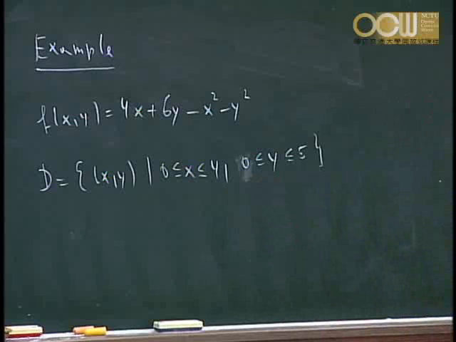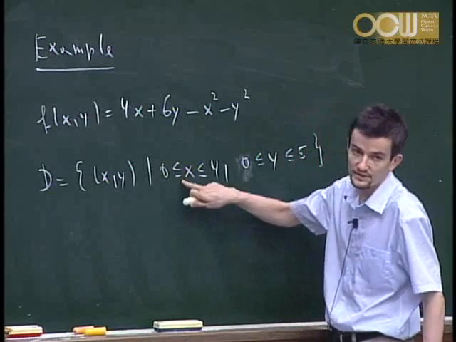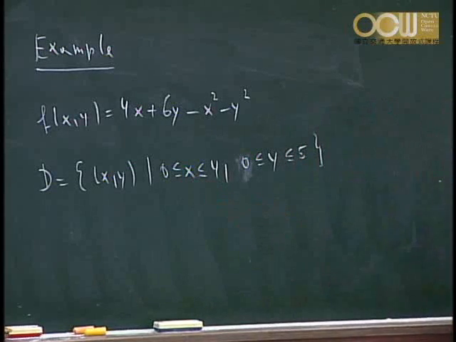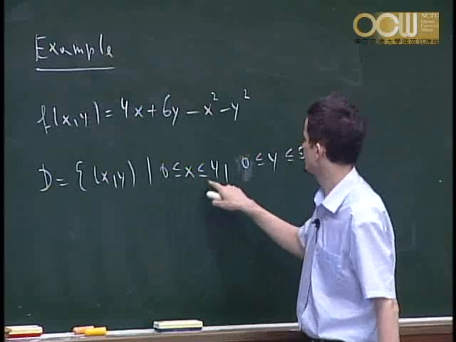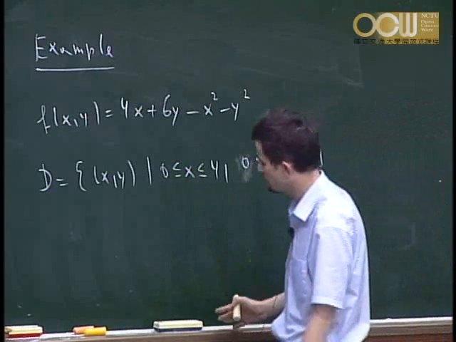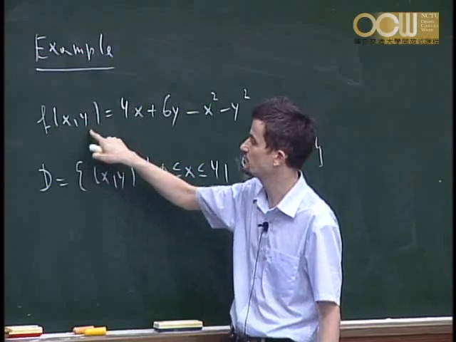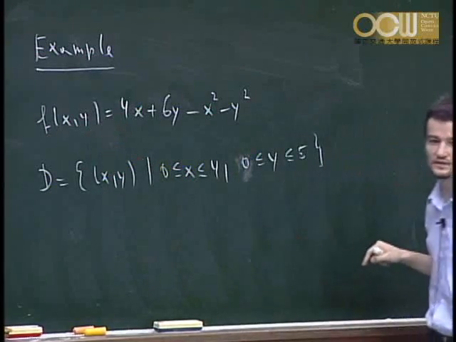So D is a rectangle. You see that D is also closed because you have smaller or equal, not smaller. If you have smaller, then it wouldn't be closed. So you have the rectangle with side lengths 4 and 5, and what we want to find is the absolute maximum and absolute minimum of this function on D.